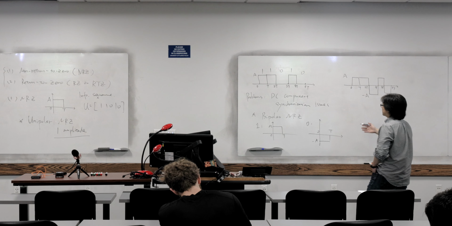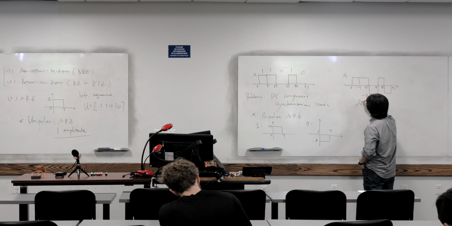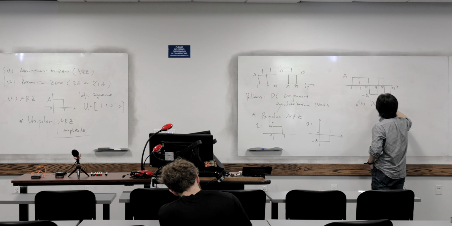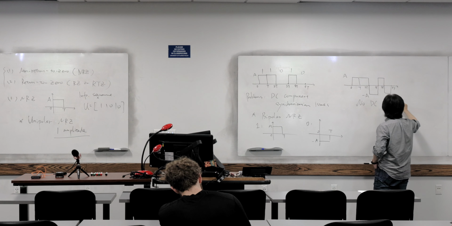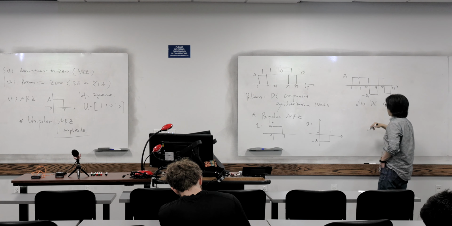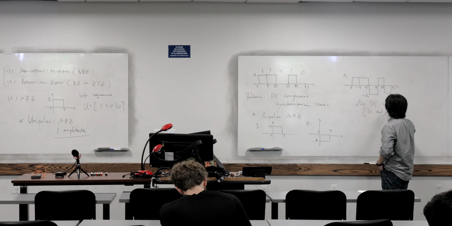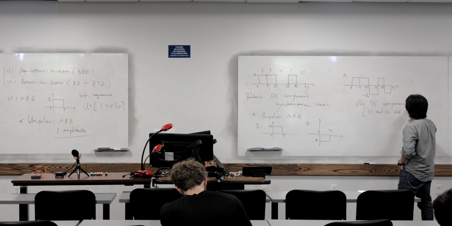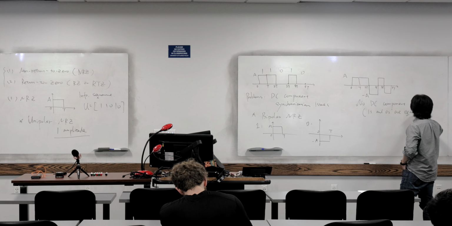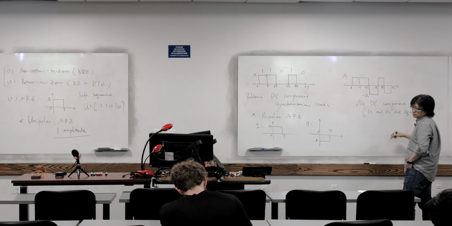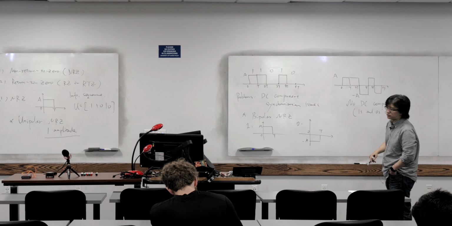Okay, so obviously one advantage is that there is no DC component. And here, of course, we assume that ones and zeros are equally likely.